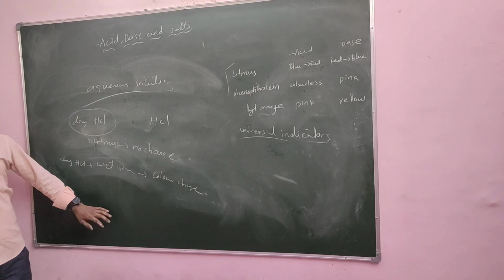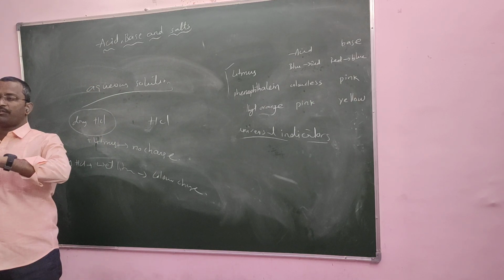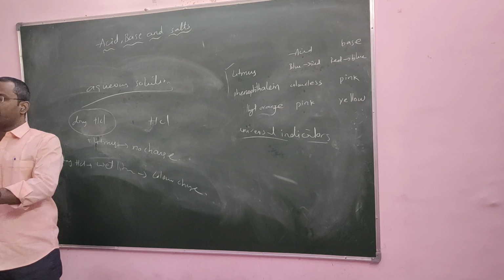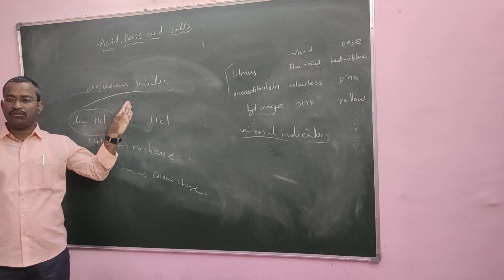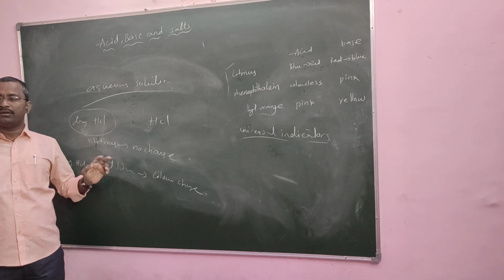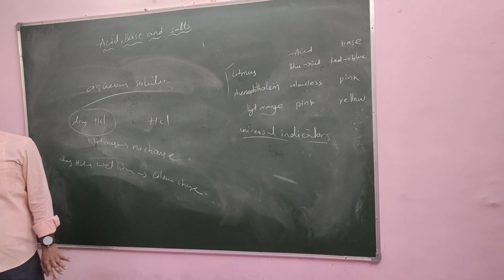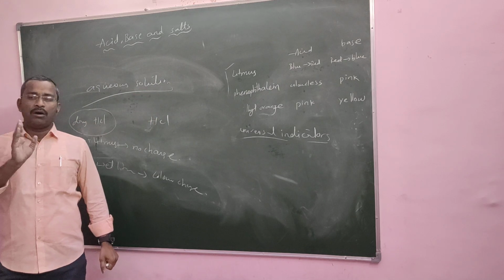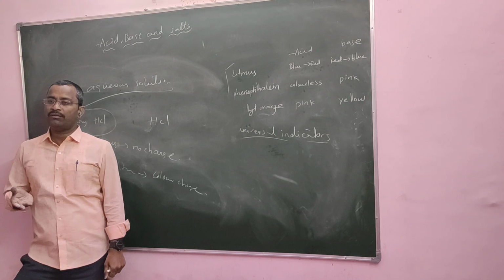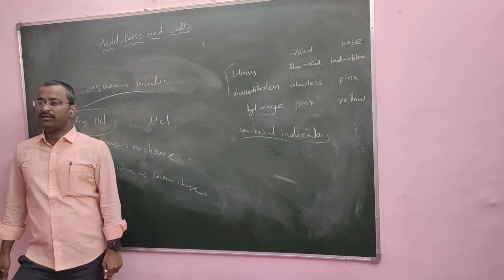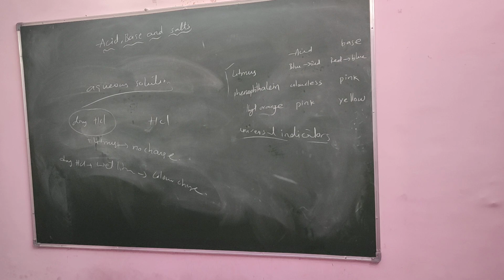So we understand that the properties of acids and bases are exhibited only in aqueous solution. If it is not aqueous, you cannot check whether it is an acid or base using litmus paper, phenolphthalein or methyl orange. So the conclusion is that all acids and bases exhibit their properties when they are in the aqueous state.